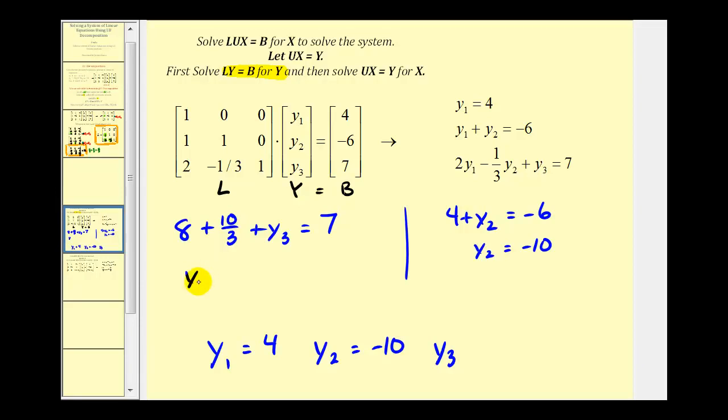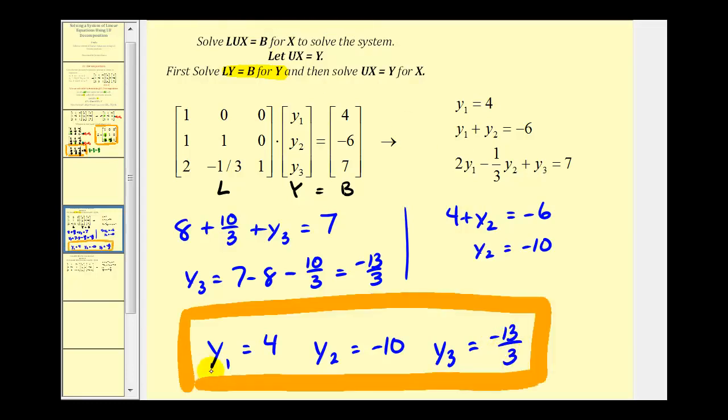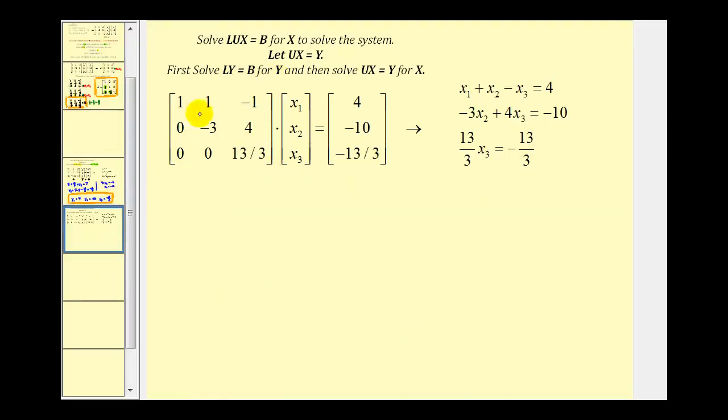So now we have y sub 3 equals 7 minus 8, that's negative 1, minus 10/3, it's going to be negative 13/3. Now that we have the values of the elements in matrix y, our last step is to solve the equation u times x equals y for x. And here's that matrix equation.